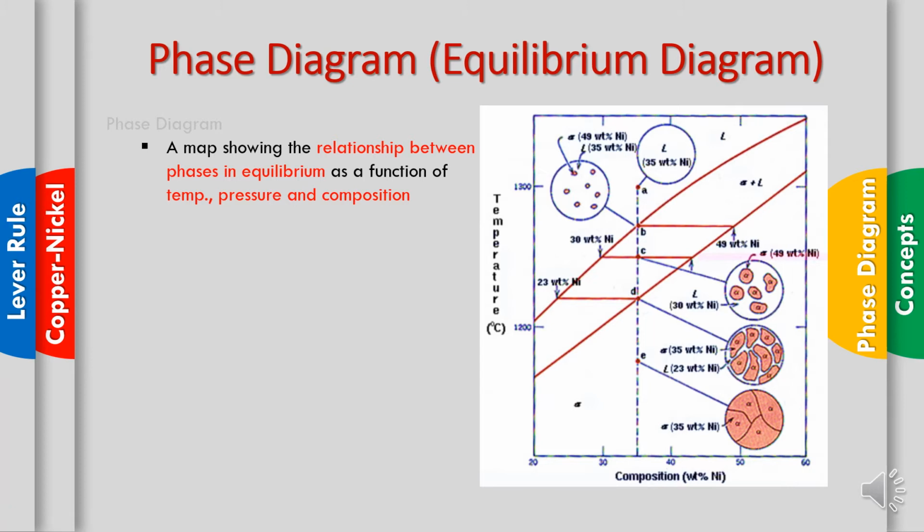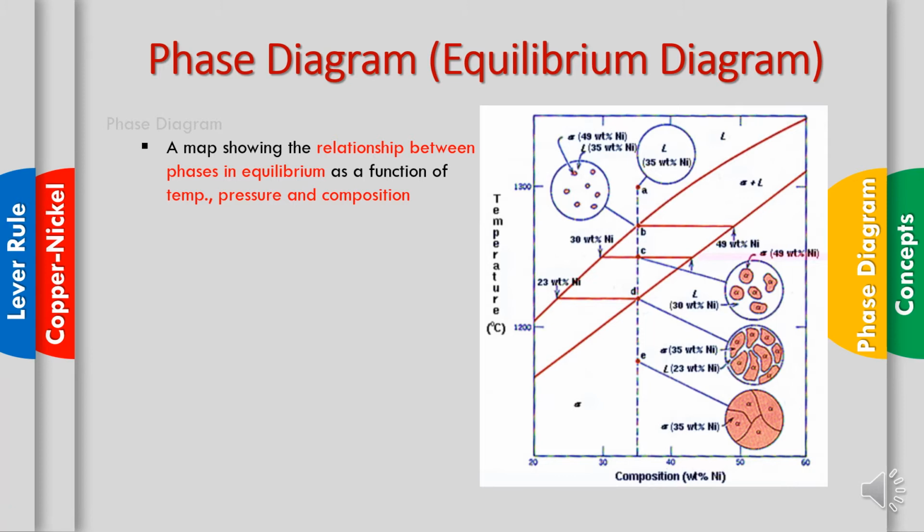It will show the relationship between phases in equilibrium as a function of temperature, pressure, and composition. As you can see in this schematic diagram, there is a change in terms of temperature and composition, whereby temperature is on the y-axis, and we have composition in weight percent on the x-axis.